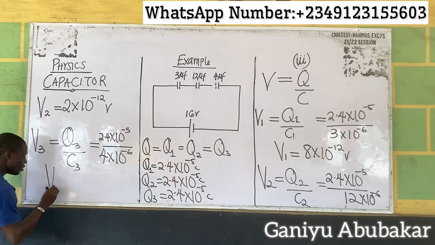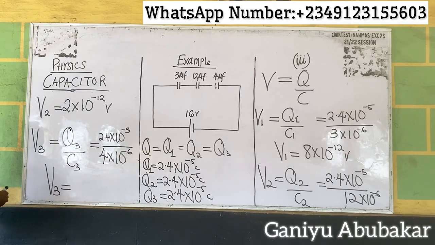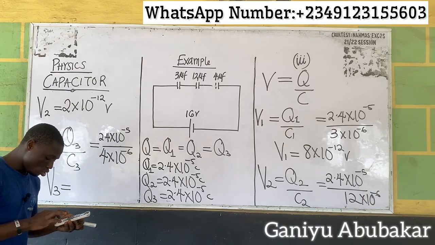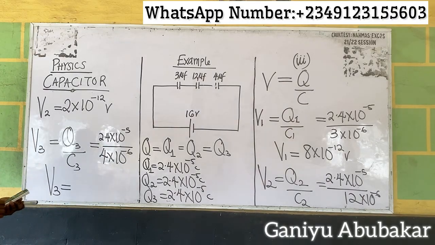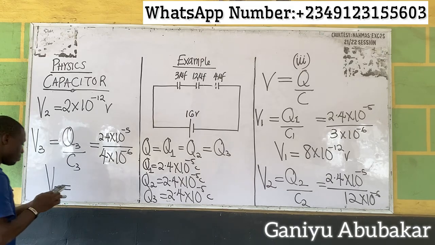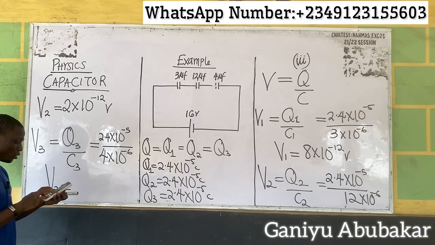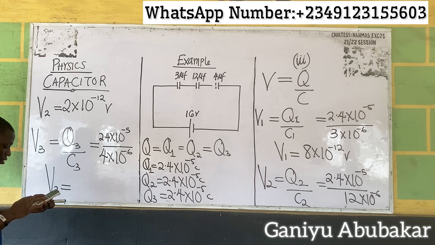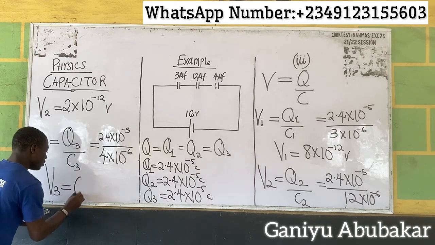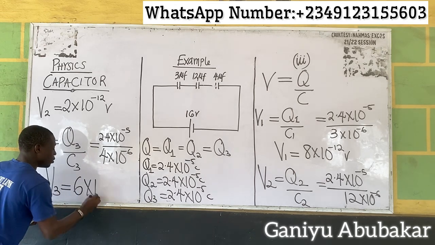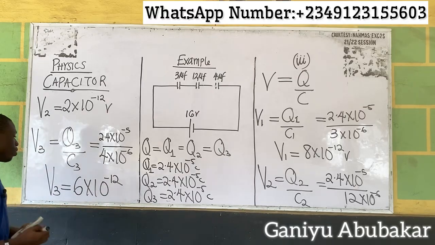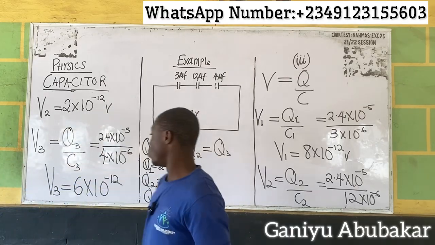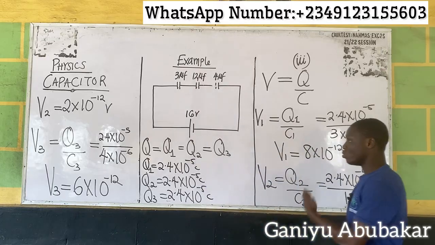So V3 will be 2.4 times 10 to the power of minus 5 divided by 4 times 10 to the power of minus 6. This gives me 6 times 10 to the power of minus 12. So this becomes your value for V1, V2, V3.